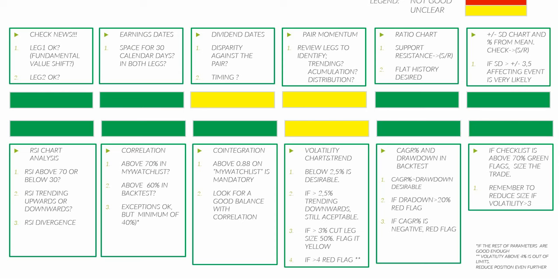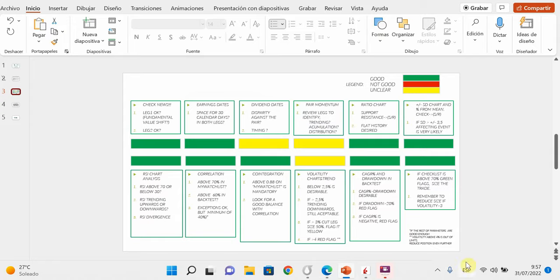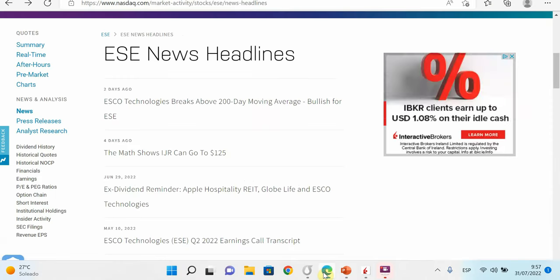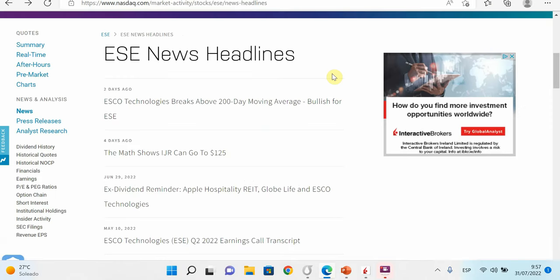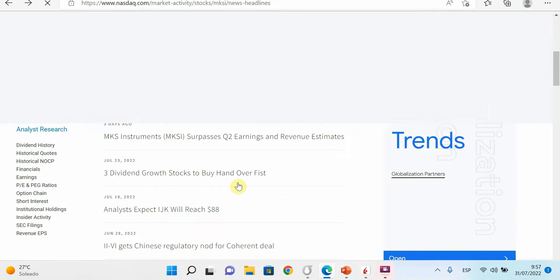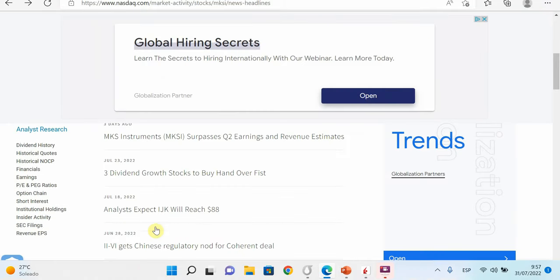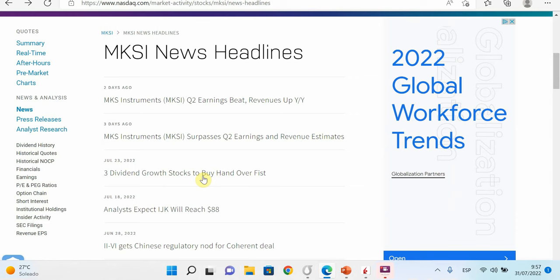And the first thing to do is to check news. This is such an important factor that we will never give up pointing it out. And in order to do that, let me go to the Nasdaq website, where you can find both stocks in a way that is very easy to identify the dates we're speaking about.